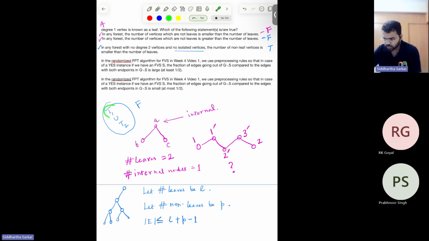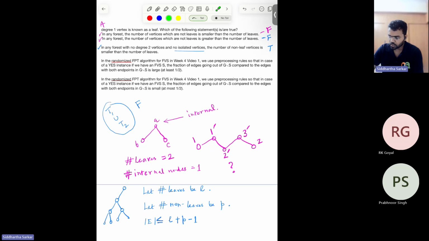But if you have two trees together which are disconnected, so one tree is a connected component, another tree is a connected component, but between the two trees there are no connections, then the number of edges could be even smaller. So yes, fine.